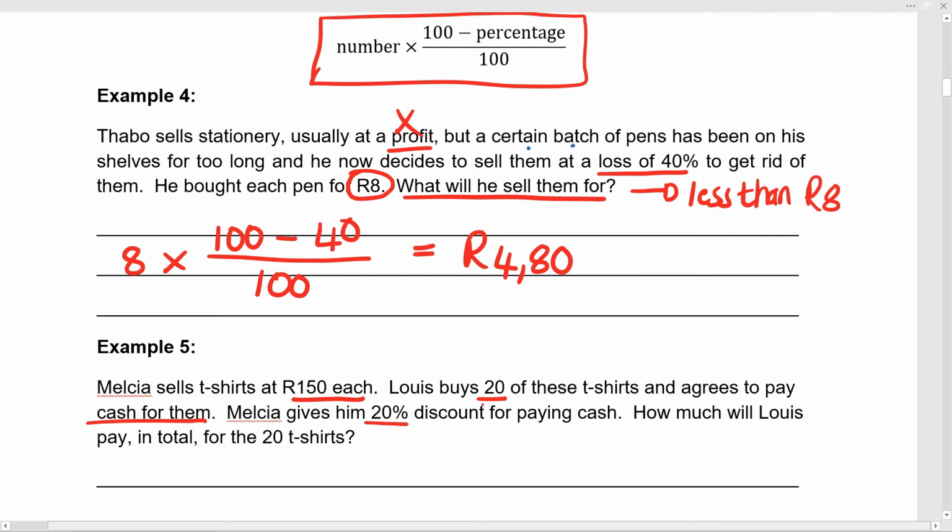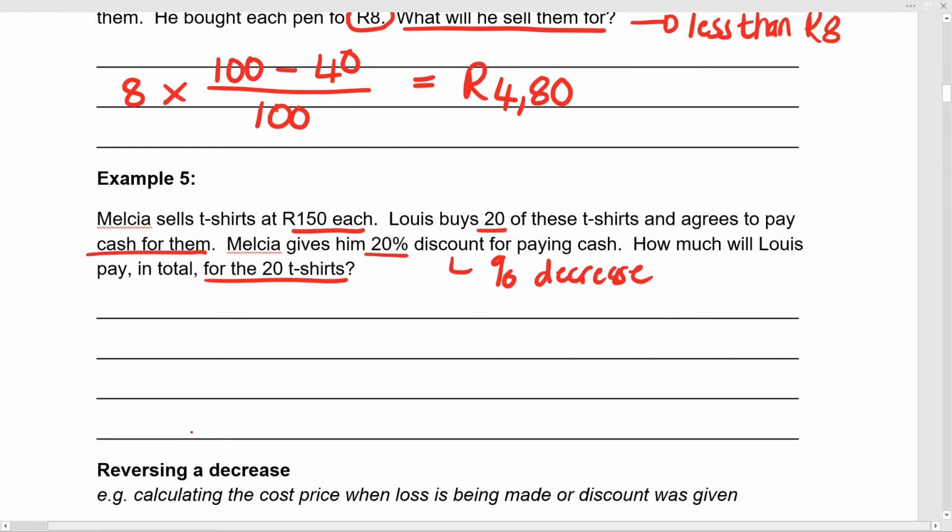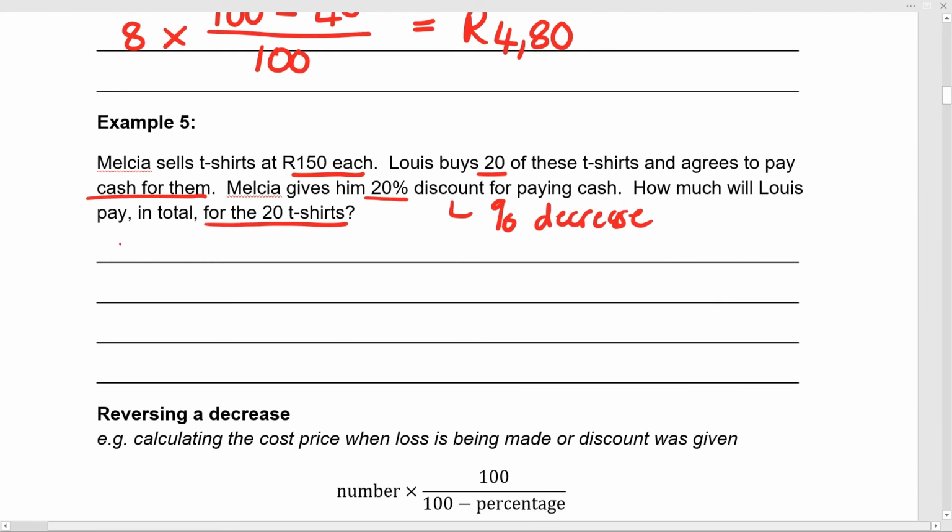Okay, so a discount is a percentage decrease. How much will Louis pay in total for the 20 t-shirts? Okay, definitely got to do something with that 20 and the 150. Okay, so I'm definitely going to start off by saying 20 times 150 Rand, so I can work out what it would have been before the discount.